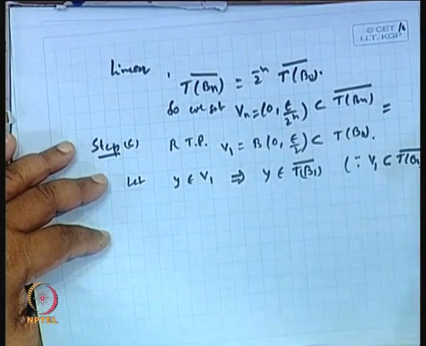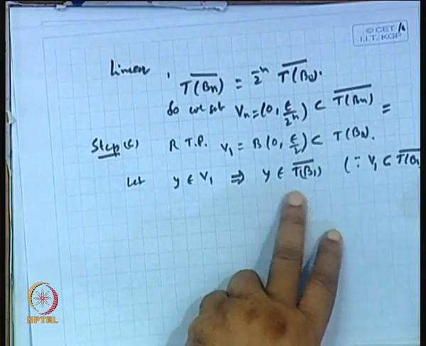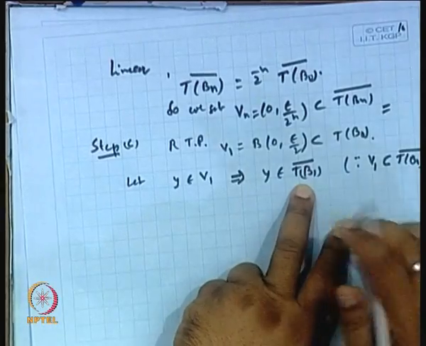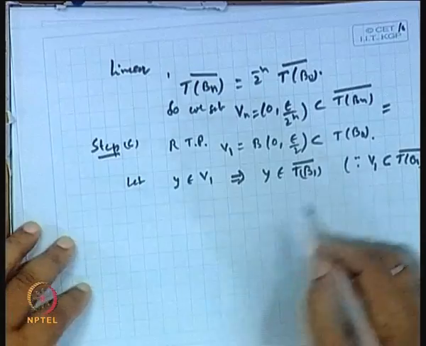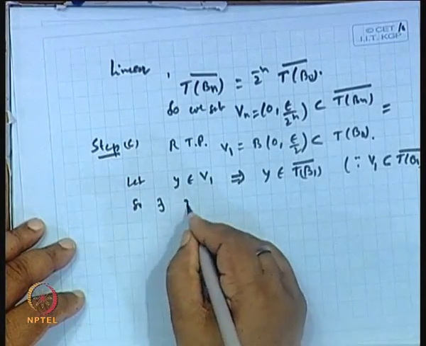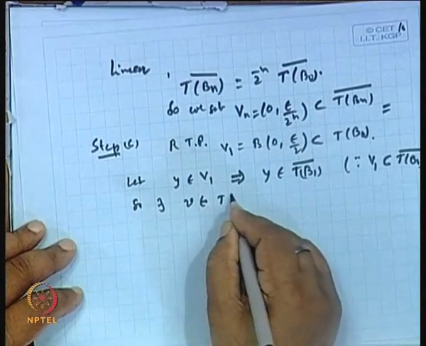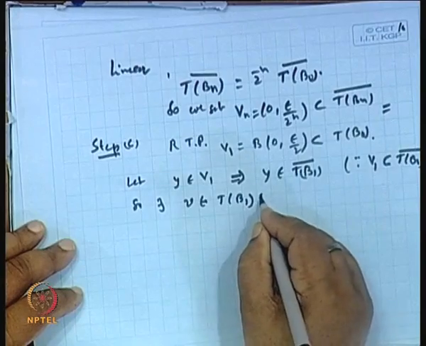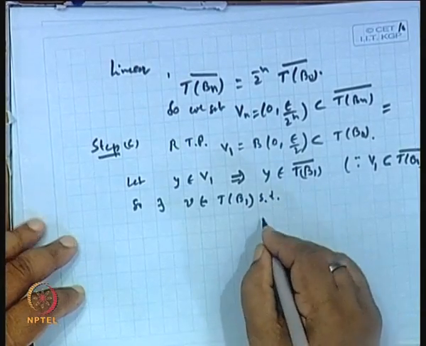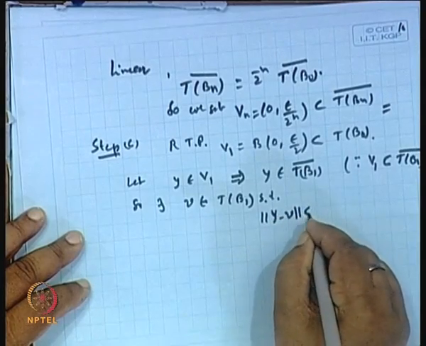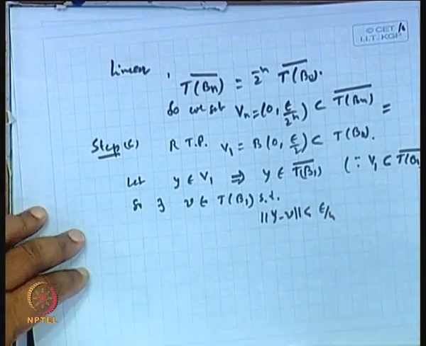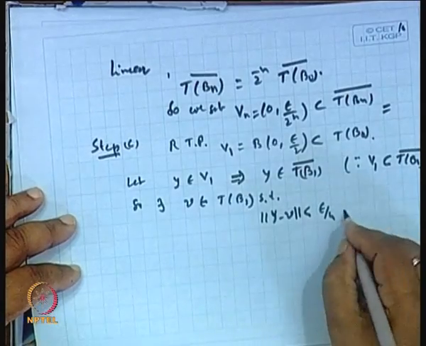So, if y belongs to the closure, it means there must be some point available in T B1 which is close to y. So, there is a v belonging to T B1 such that the norm of y minus v is less than, say, epsilon L by 4. Very close.